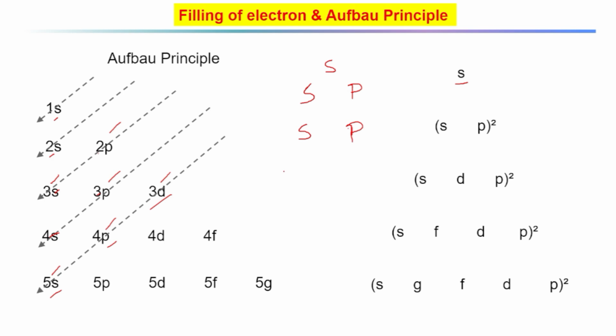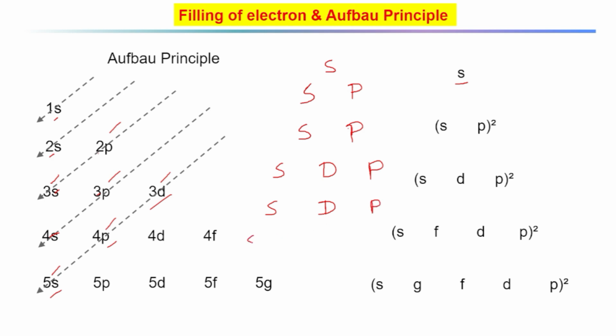So s, then sp square, now sdp square. So next line there will be s, d, p, and again another sdp because it was square. Next it will be sfdp square.